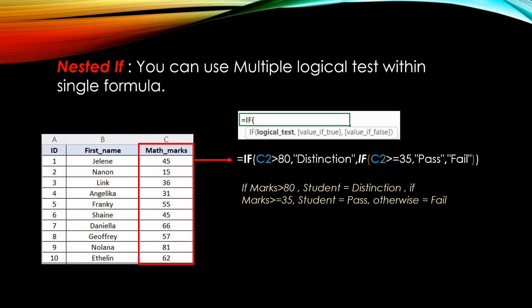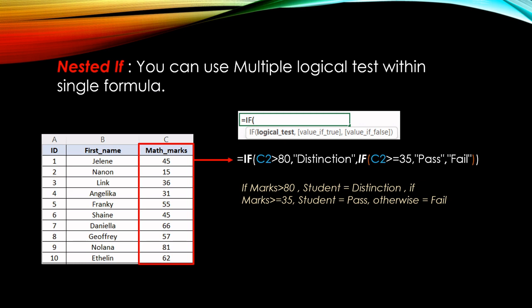If not, let's see if it is greater than or equal to 35. If not, return this, which is the value if false. So in this case, we have three potential results as opposed to two as we see in the last one, which is the if function.